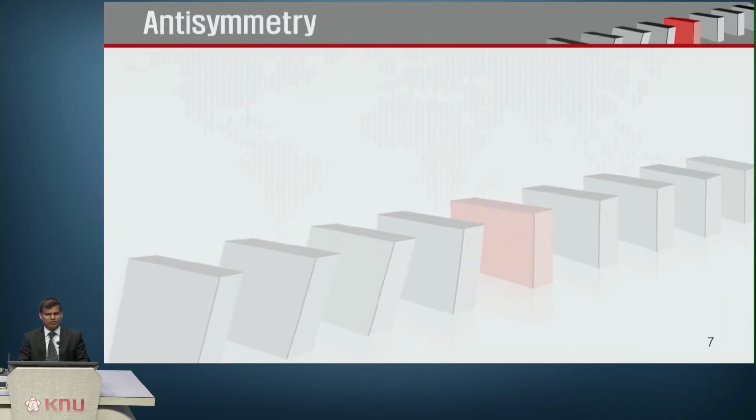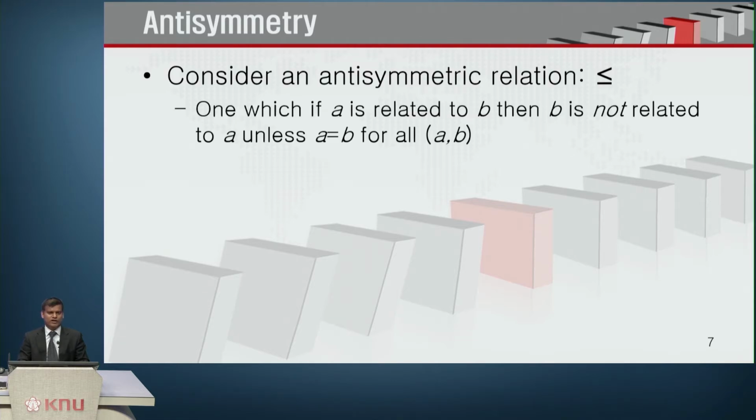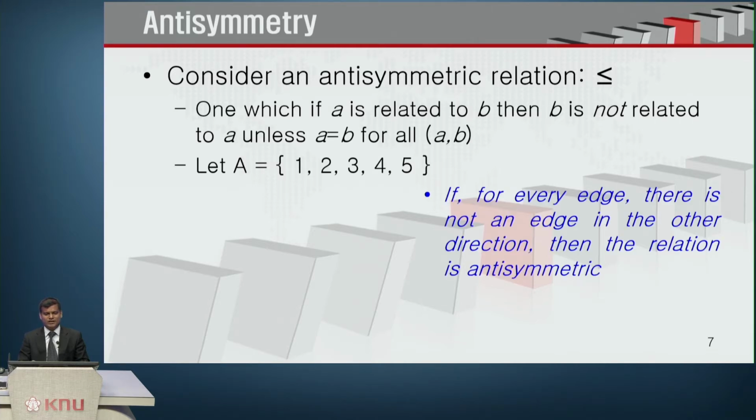Well, then let's consider more on the antisymmetric property, like less than or equal to. Here again, if A is related to B, then B is not related to A unless A equals B for all A, B. With this in mind, let's see how we can express this in terms of a graph.